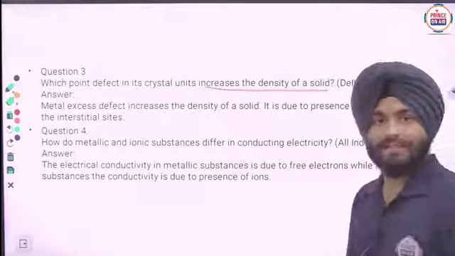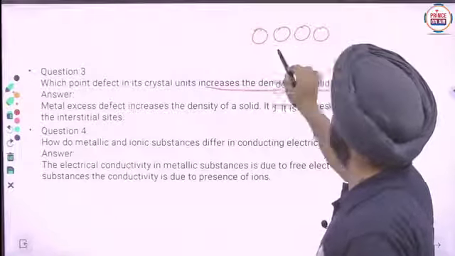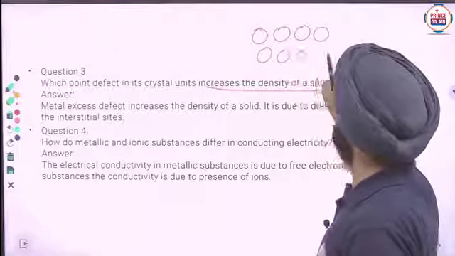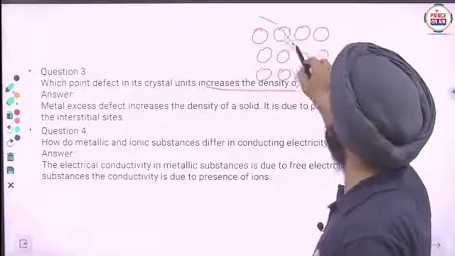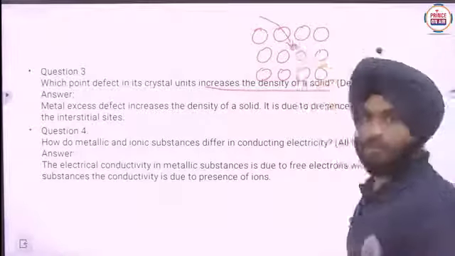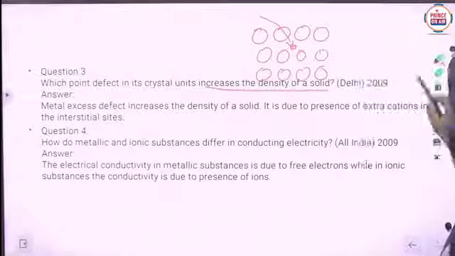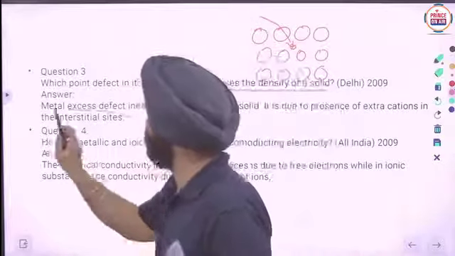Yes, that is the interstitial defect, in which some particles from external sources come inside and occupy that position. Okay, so in this case the density of the whole crystal will increase. So that is the interstitial site.